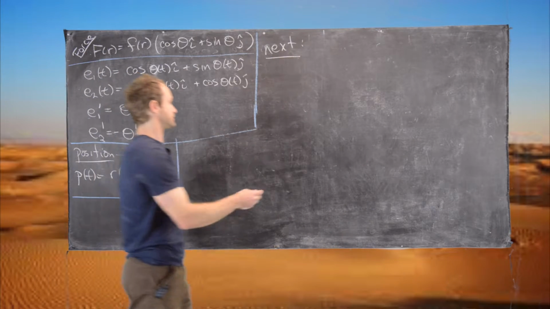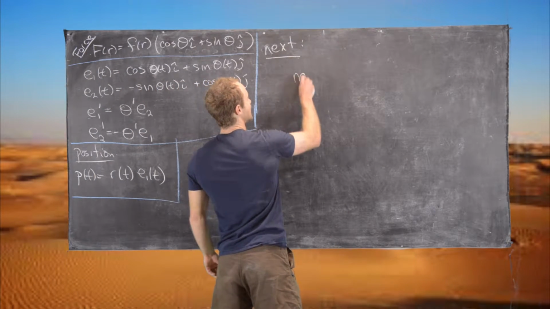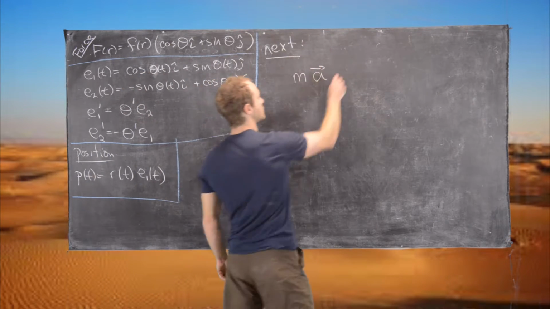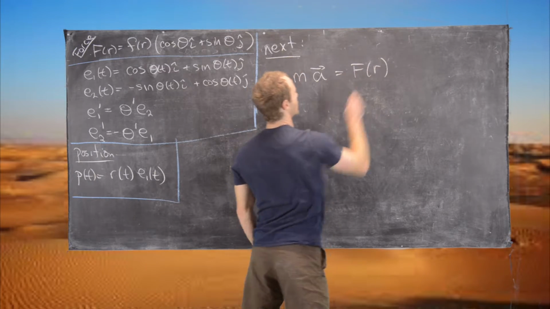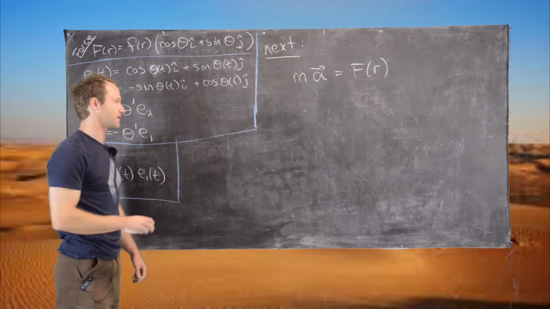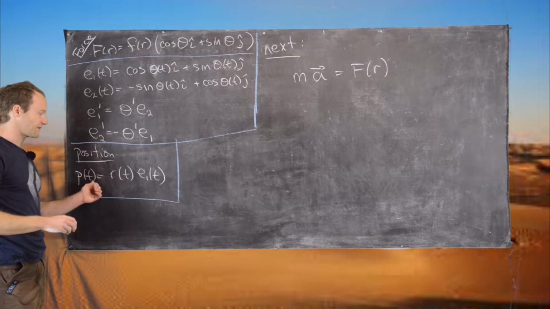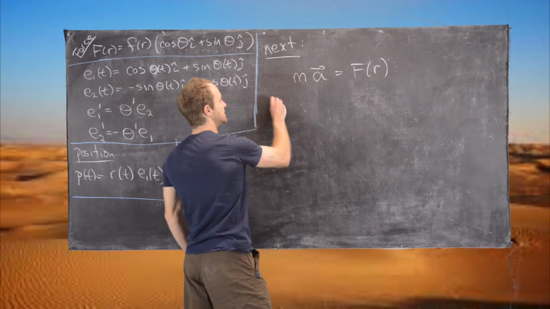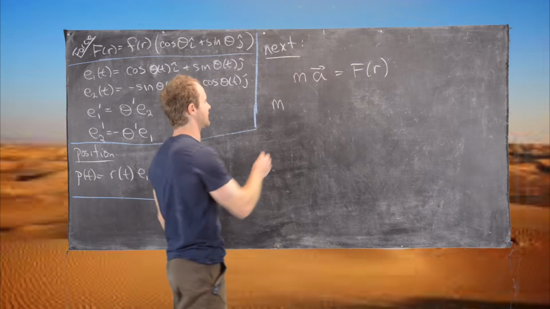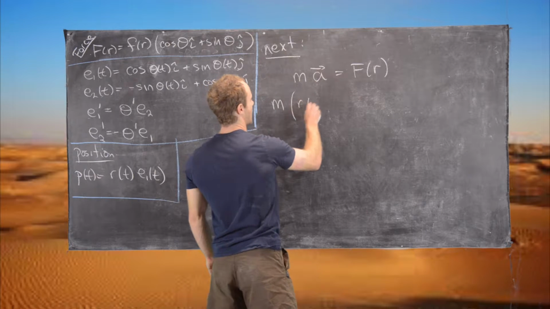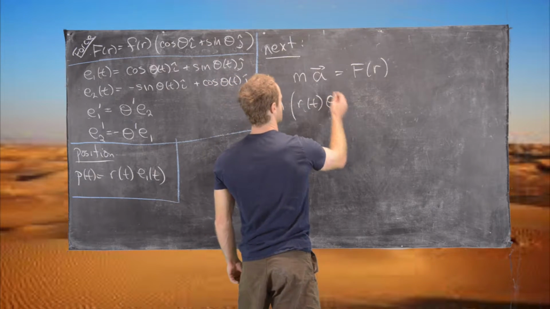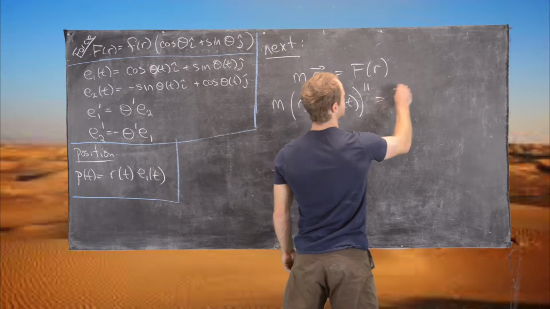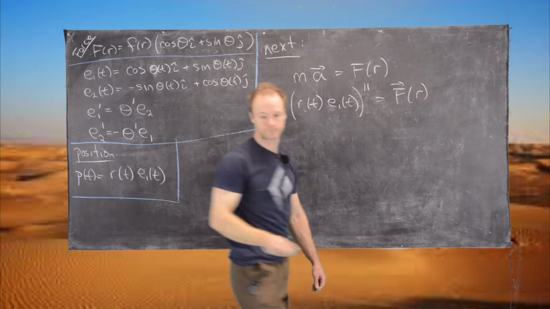So in other words, we will have the mass of the particle times the acceleration of the particle equal to the force that this central force is exerting on it. And since we know the position of the particle is this r of t, E1 of t, we can calculate this very easily. So we know that acceleration is the second derivative of position. So this is given by m times r of t E1 of t double prime equals this f of r.